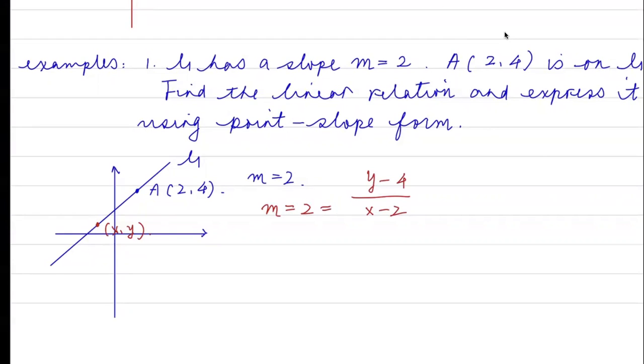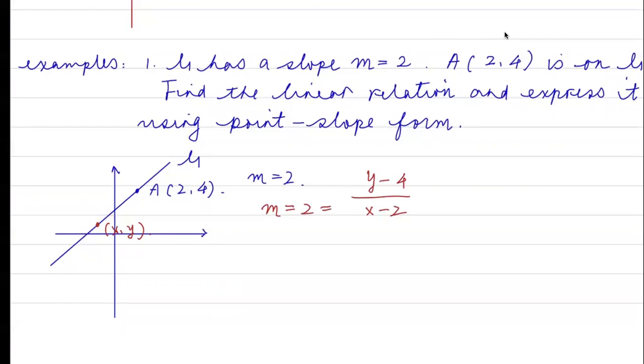Because we learned in last class or 2 weeks ago that with any 2 points on a straight line, we can express the slope. So it doesn't matter if it's this point or this point or this point. That's why we can generalize their coordinates using x, y.